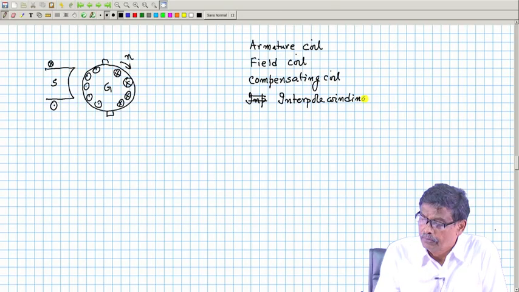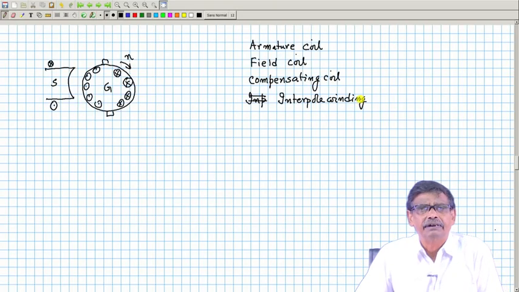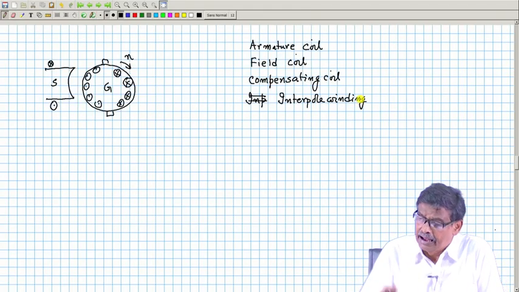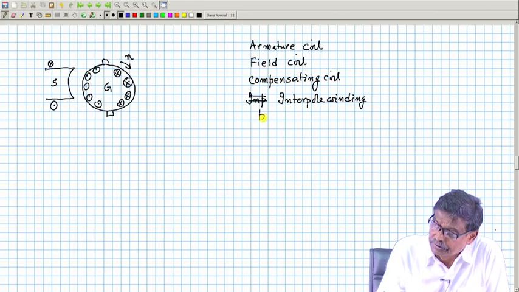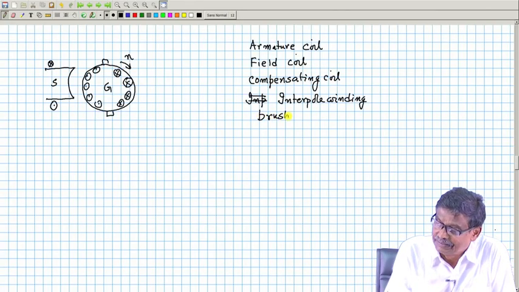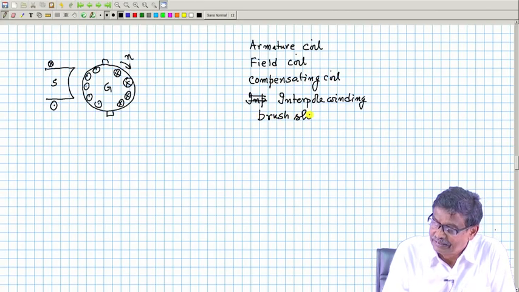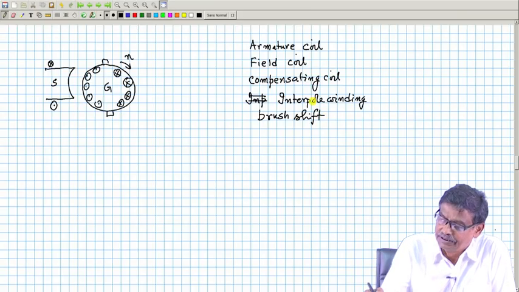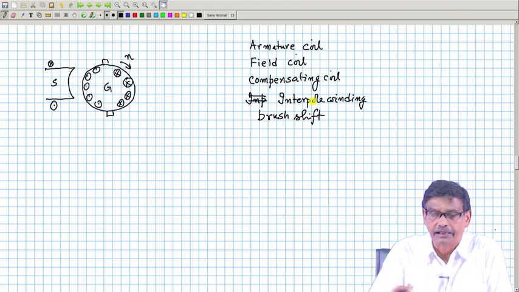I derived several formulas, and then I used brush shift. Let us understand the sequence in which these terms have been used earlier.